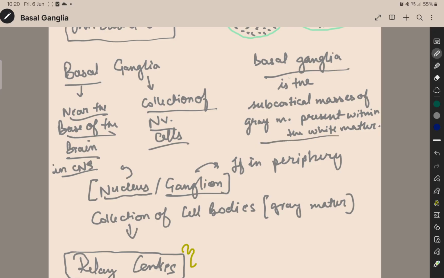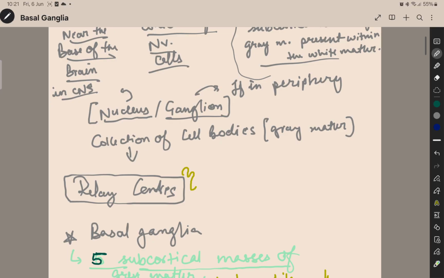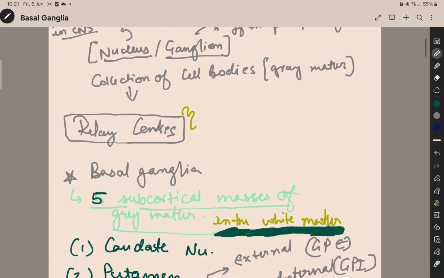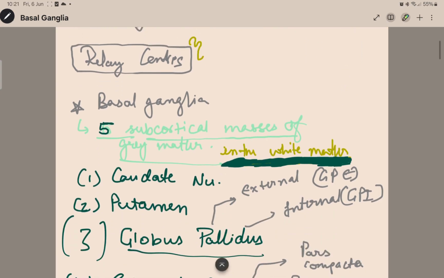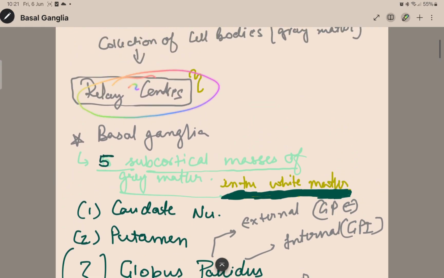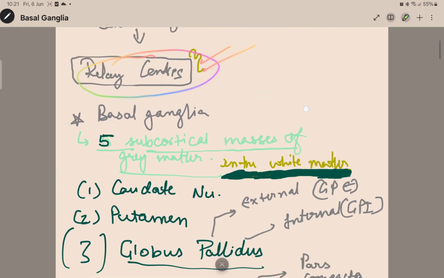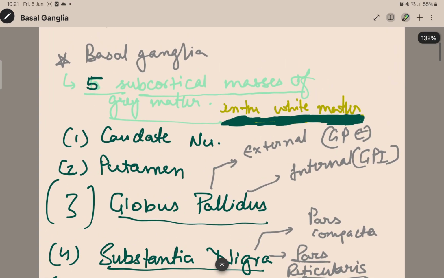Okay, so that is the definition. This acts as a relay center. We have to see all the things about this in the further discussion. Basal ganglia are the 5 subcortical masses of gray matter in the white matter.